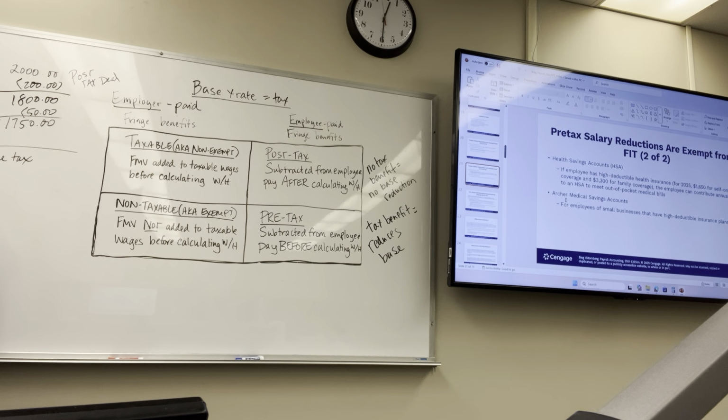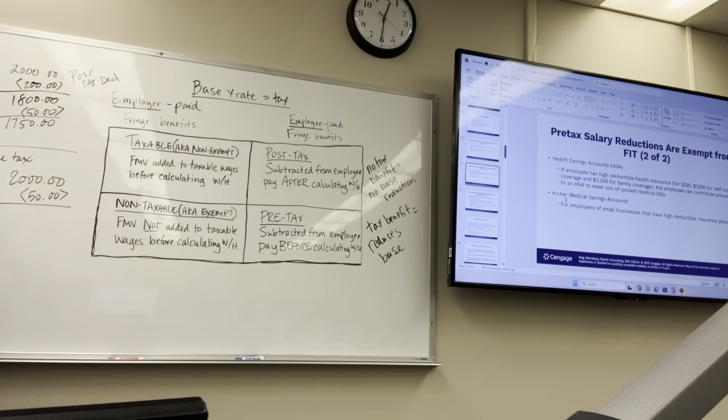A pre-tax deduction, what we're going to do is take our wages, and let's say this deduction is pre-tax instead. We're going to subtract it before we calculate the taxes.